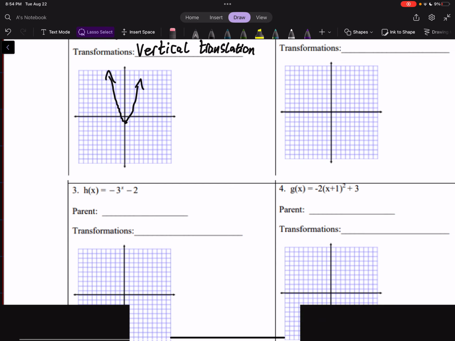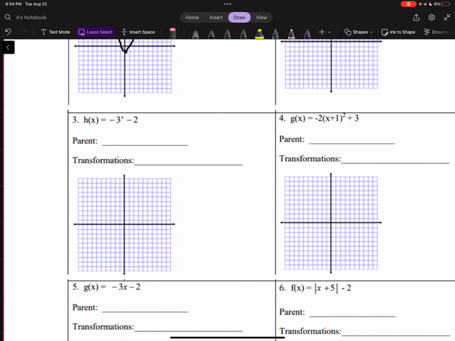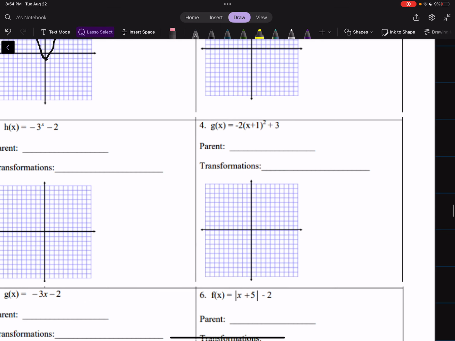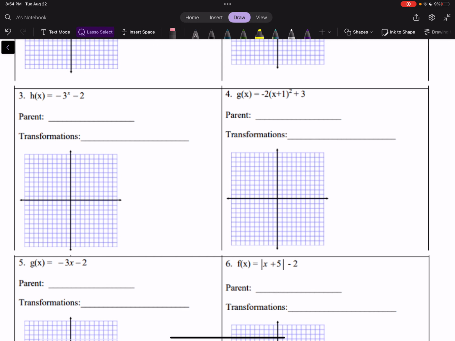Now I'm going to do number 4, and then I'm going to show you number 3 in Desmos, because you can have Desmos on the final exam being Math 3 in North Carolina. Alright, number 4. The parent function of this is a quadratic.